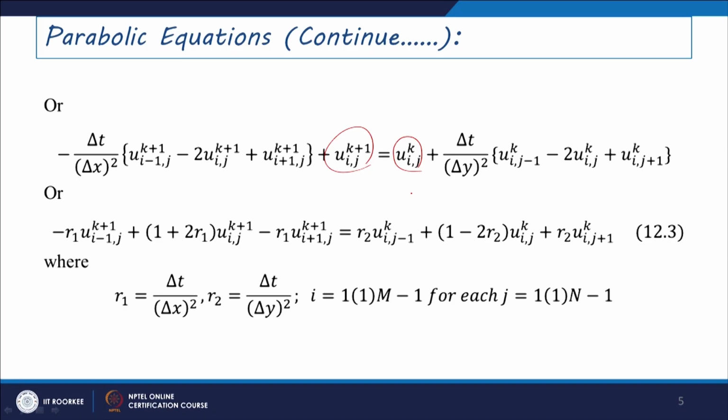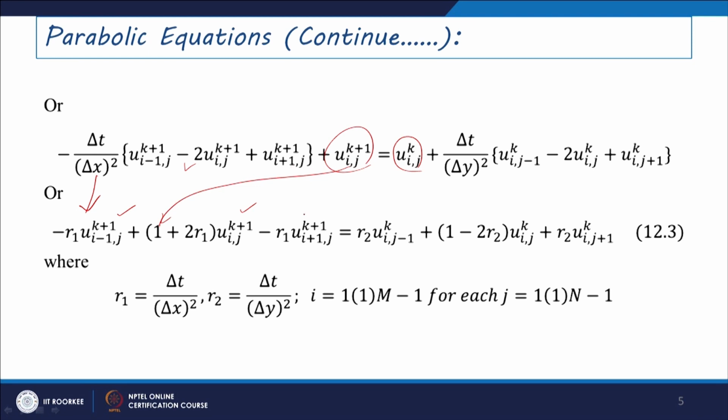And if you write these coefficients r1 and r2 as del t by del x square and del t by del y square, then this equation will be reduced to the form: minus r1 u_(i-1)j^(k+1), plus 1 plus 2 r1 u_ij^(k+1) here, since the minus sign is multiplied here, that is why it takes the plus sign there itself, and one more u_ij is present there, so that is why it is taken as 1 here.